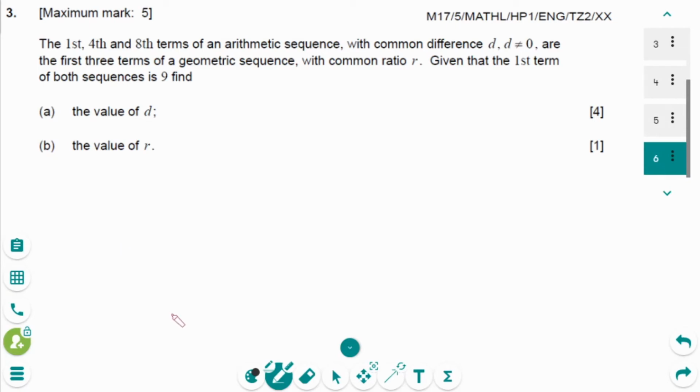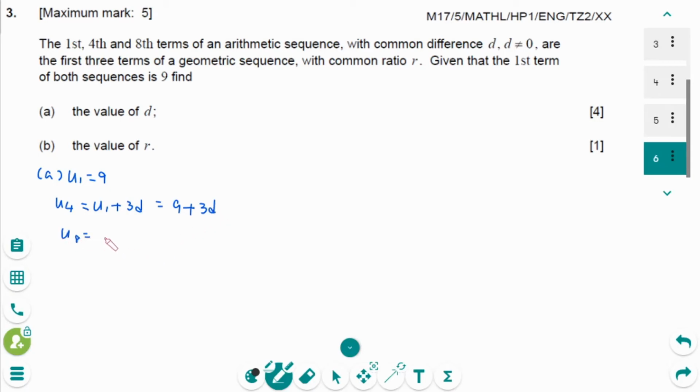This is the last one. It is the May 2017 HL Paper 1 question, number 3A. The first term equals 9. The fourth term equals U1 plus 3D equals 9 plus 3D.